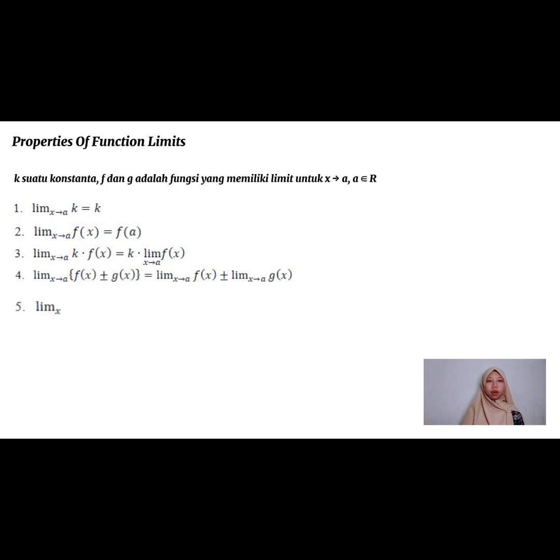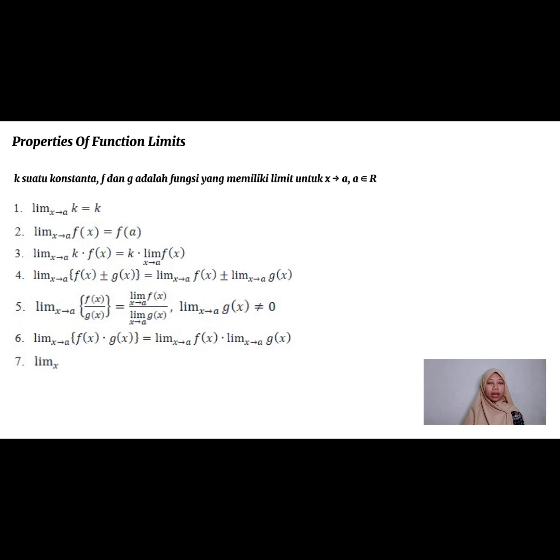5. The limit of f(x) divided by g(x) as x approaches a is the same as the limit of f(x) as x approaches a divided by the limit of g(x) as x approaches a, with the limit of g(x) not being equal to 0. 6. The limit of f(x) times g(x) as x approaches a is the same as the limit of f(x) times the limit of g(x) as x approaches a. 7.